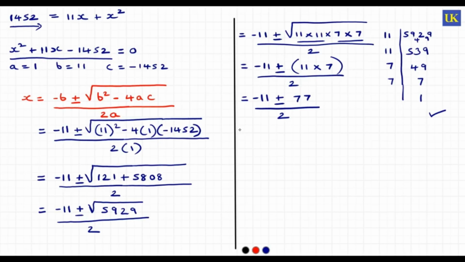So we'll write x is equal to, because this is the value we are getting for x, minus 11 plus 77 upon 2 one time, and another time x is equal to minus 11 minus 77 upon 2, because that is the rule we follow whenever we bring out the numbers from the root.